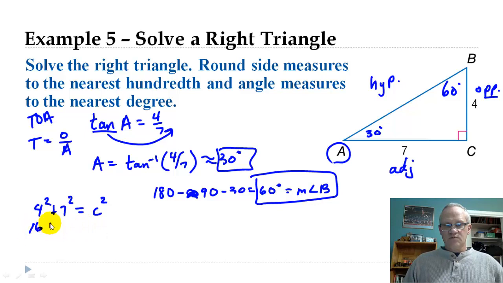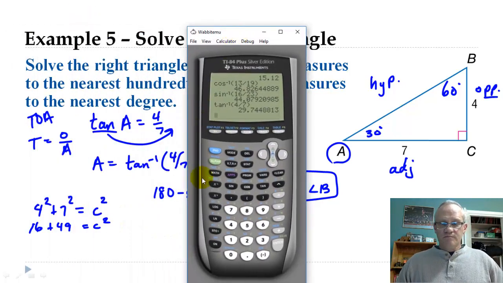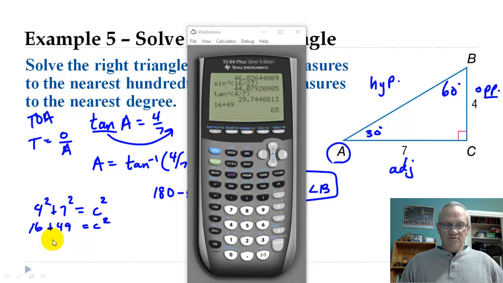That's 16 plus 49, which is 65. The opposite of squaring is square root, so C is the square root of 65.